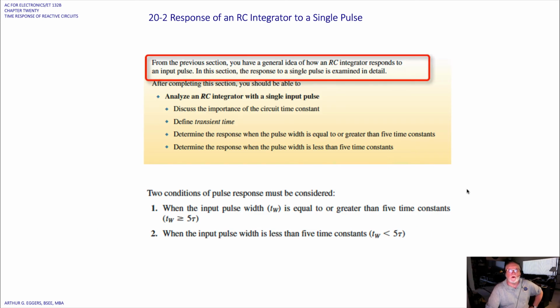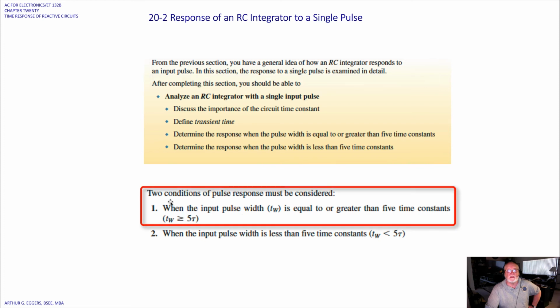Okay, so from the previous section, you have a general idea of how an RC integrator responds to an input pulse. In this section, the response to a single pulse is examined in detail. Two conditions of pulse response must be considered.